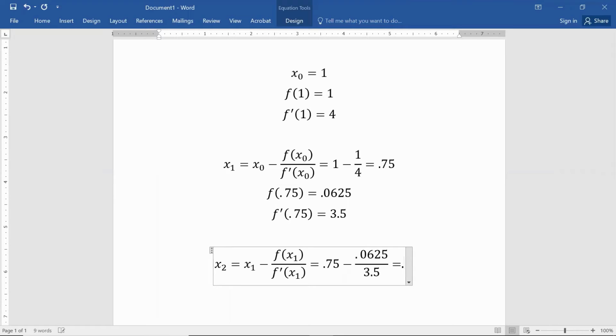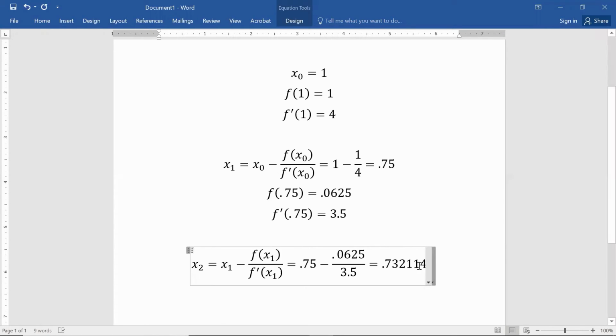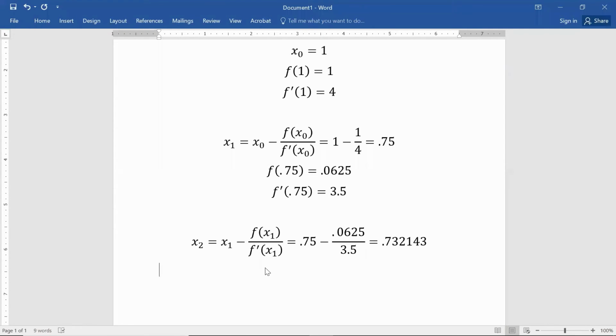I get an ugly decimal, 0.73211428. I'm going to round that right now to 6 decimal places. And then we're going to figure out what the value of the function is at this value.